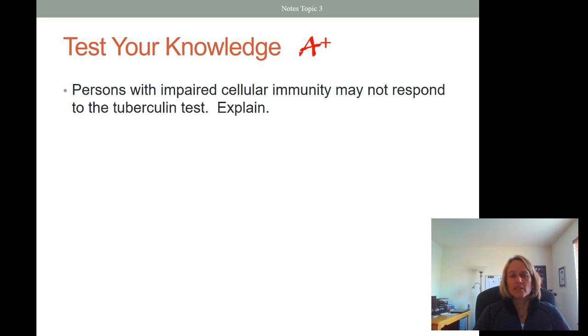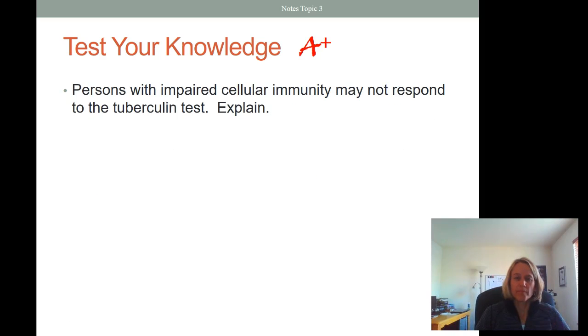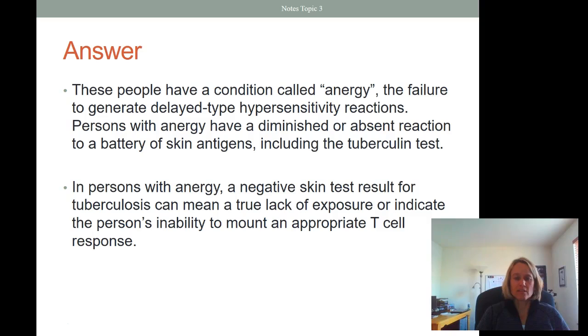Persons with impaired cellular immunity may not respond to the tuberculin test. Explain. And that's going to be true, okay, because if they have impaired cellular immunity, that involves T cells. And T cells are involved in the type 4 hypersensitivity reaction.